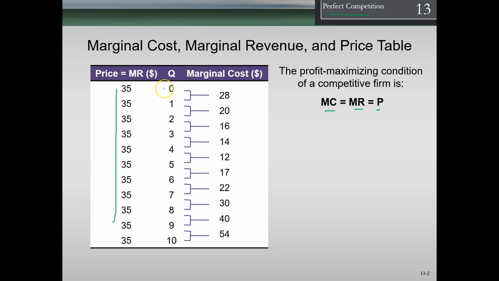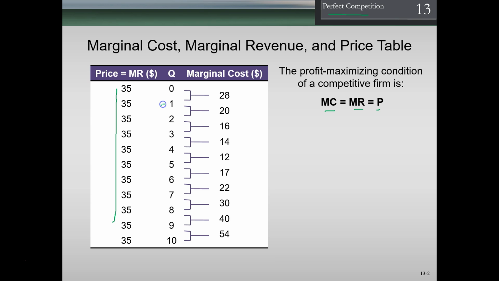So all we're going to look at in this table is the quantity and the marginal cost. If we have 0 and then move to 1, notice it's skipping a column here. We're not looking at the total quantity, we're just looking at the change, the marginal cost. The marginal cost goes from 0 up to 28, which means there's a change of 28.